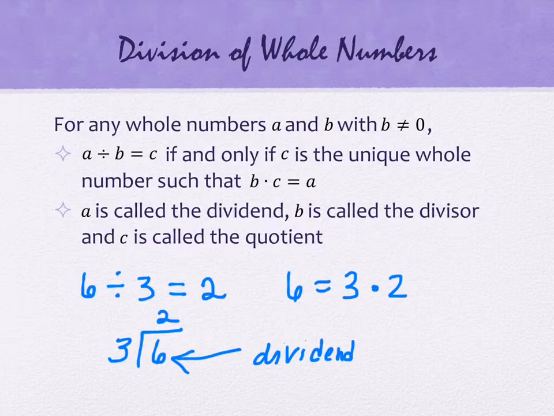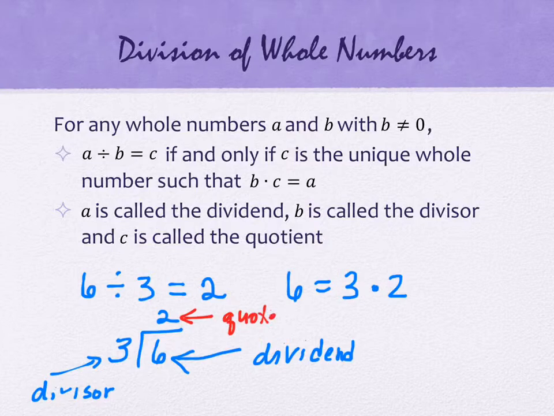The divisor is the value that you divide by. And then the quotient is the solution. It's the answer that you get out of this. Okay, so that's the language that's being used here.